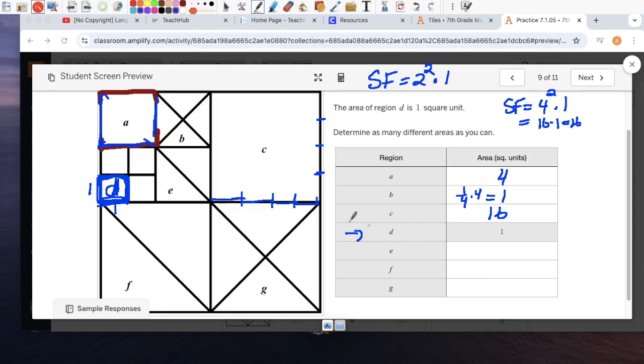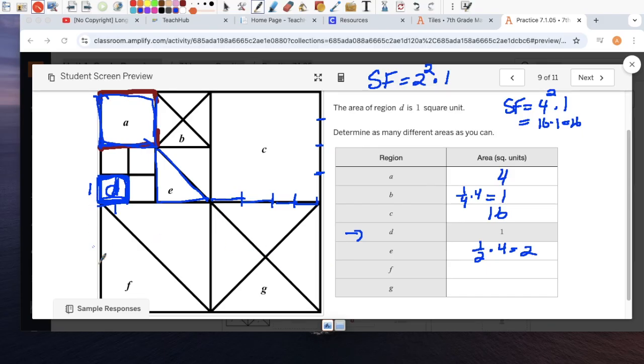E, where is E? E is half of A. Can everybody see that E is half of the area of A? The area of A was 4, so half of 4 is 2.